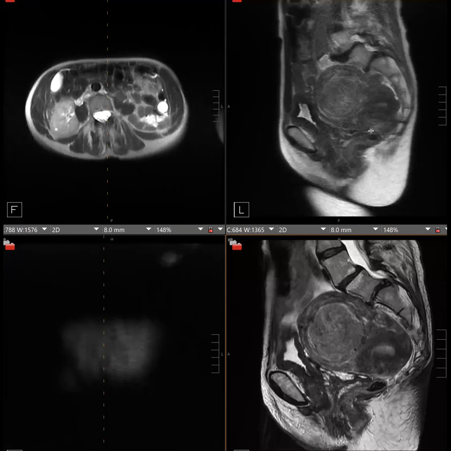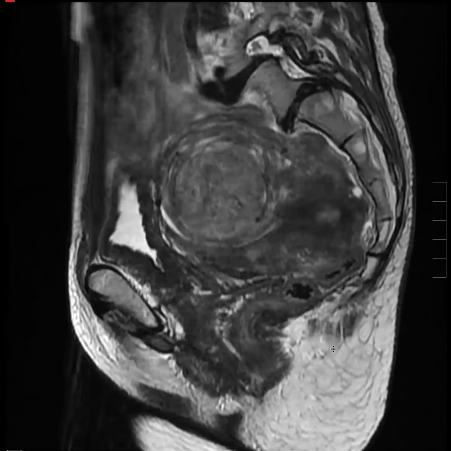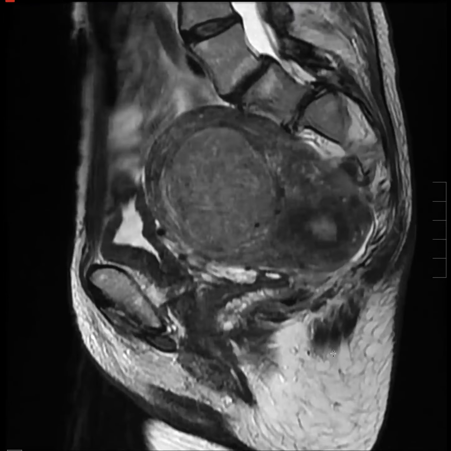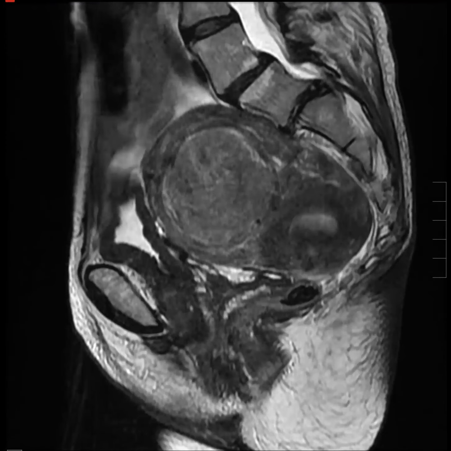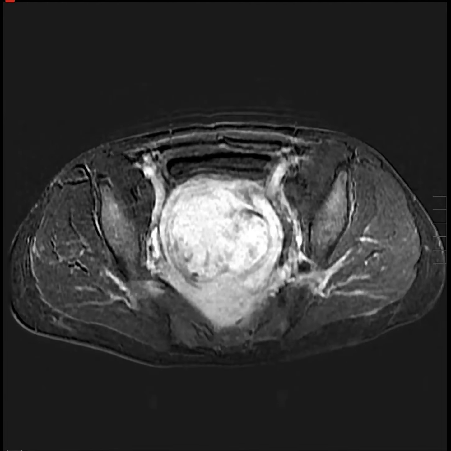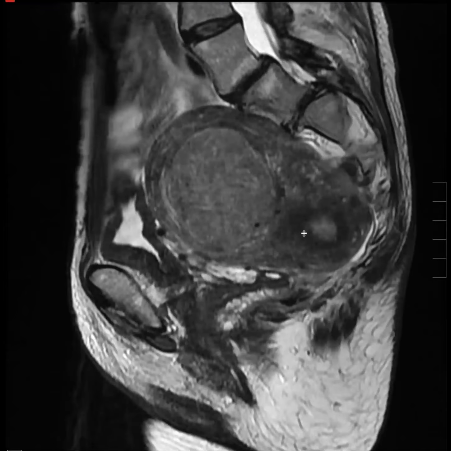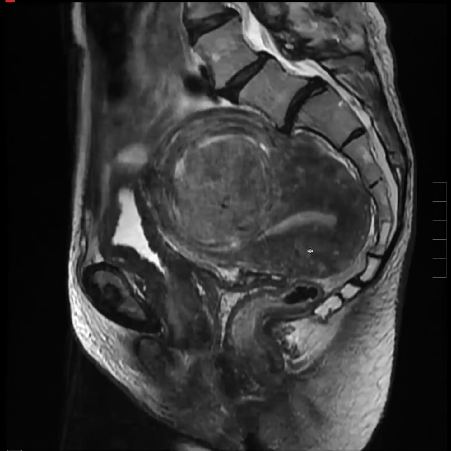This is a patient who came in with a uterine mass. So this is the post-contrast. It's enhancing. It's T2, let me show that again right here. It's kind of intermediate, but it seems pretty well circumscribed.